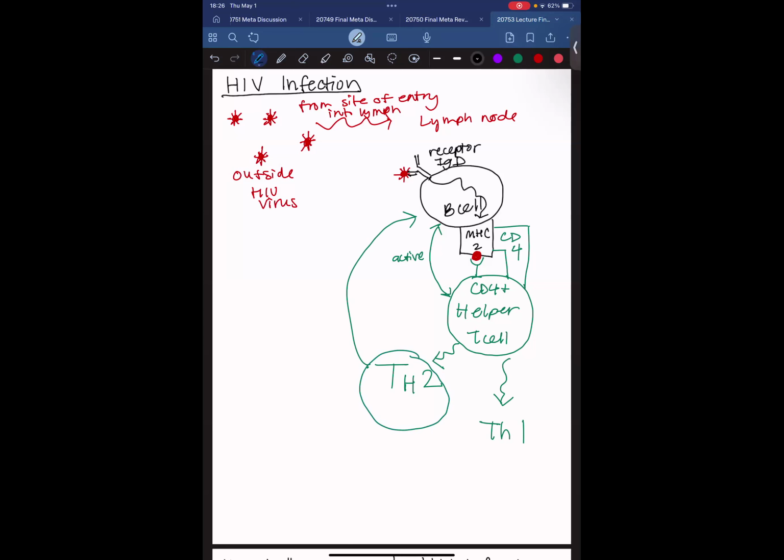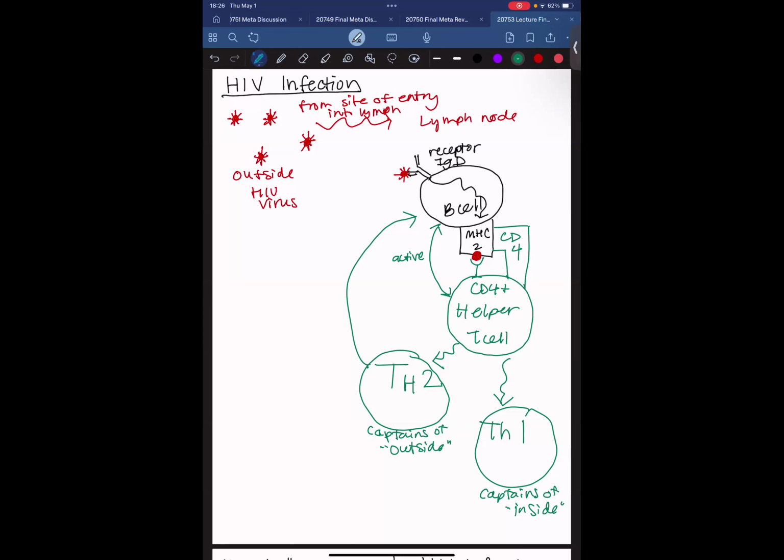Remember, our TH2 cells are the captains of outside stuff, and our TH1 cells are the captains of inside stuff. We haven't gotten to the inside part yet. We know HIV is going to get inside of a cell, and we're going to get to that next.